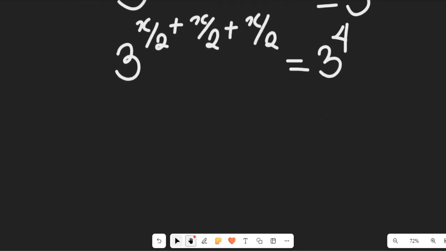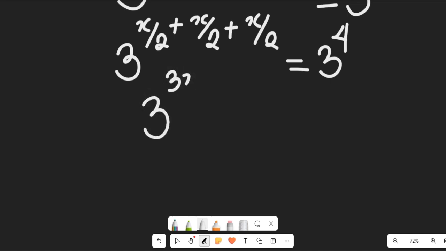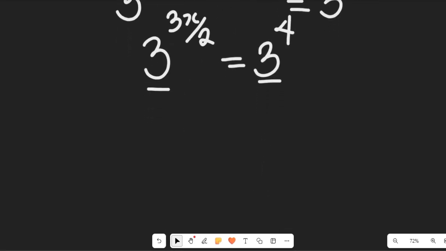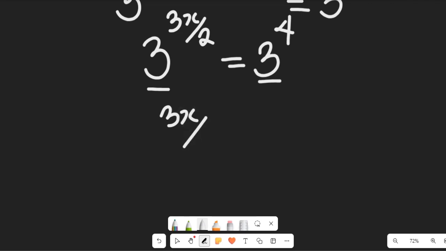Good. Now, with this, we can easily simplify. All of these have a common denominator, so we add the numerators, and that gives us 3 to the power of 3x divided by 2, and that will be equal to 3 to the power of 4. Having a common base, we equate the exponents, and that will give us 3x divided by 2 equal to 4.